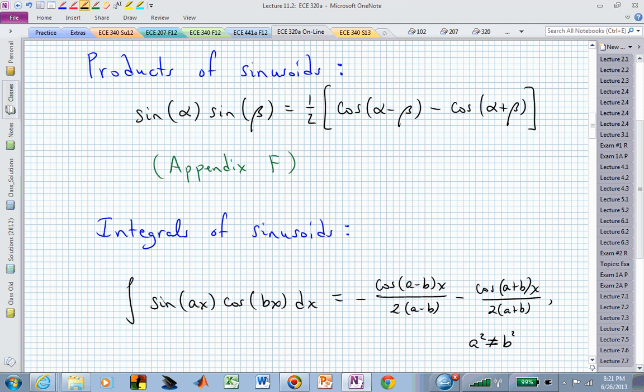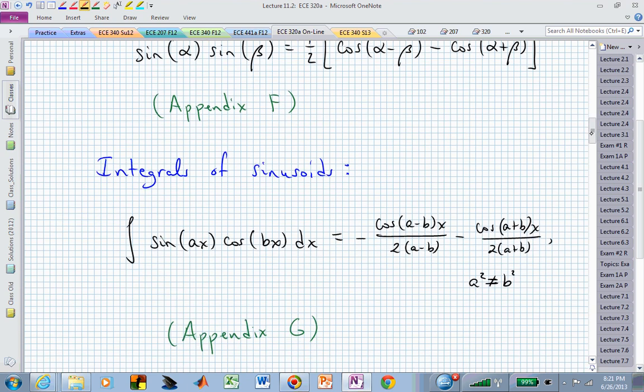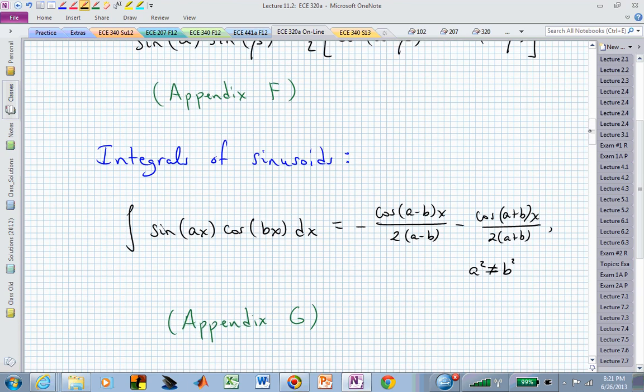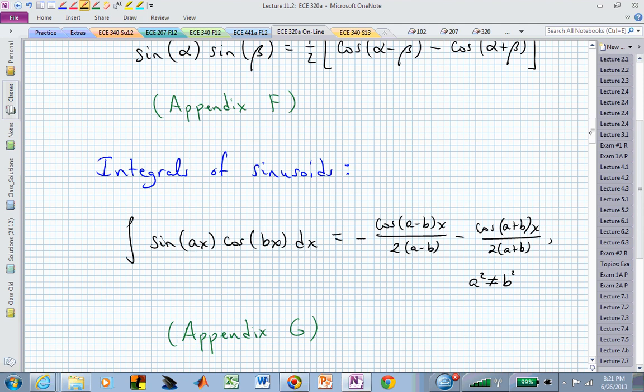And then it's easier to integrate the cosine of alpha minus beta, and essentially that's what you're seeing here in this integral of sinusoids where we're multiplying sine and cosine. Effectively, you rewrite that product as the sum and difference of the angles or the arguments, and then go ahead and integrate those expressions. Those formulas are actually found in Appendix F and G of the textbook.